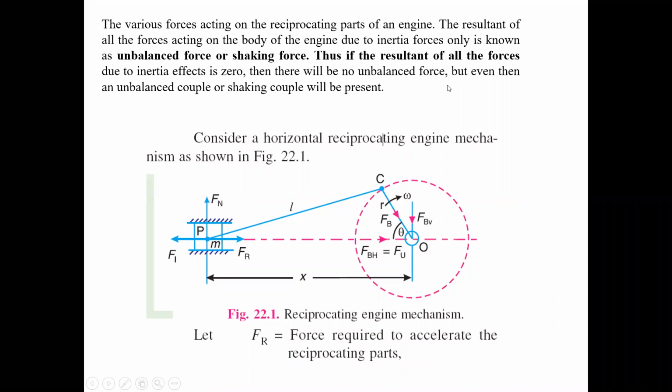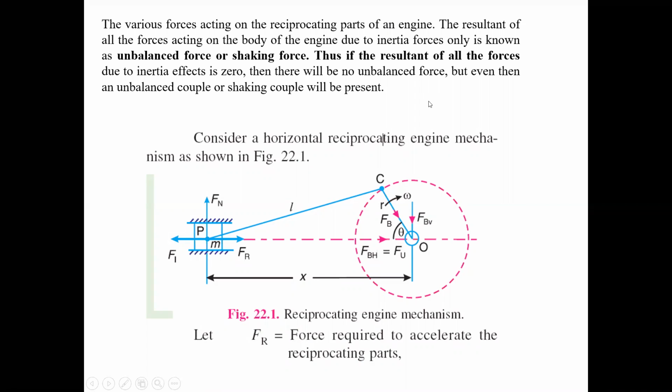Here, one thing is said: the resultant of all the forces acting on the engine due to the inertia forces is known as the unbalanced force or shaking force. That is called the unbalanced force or shaking force.